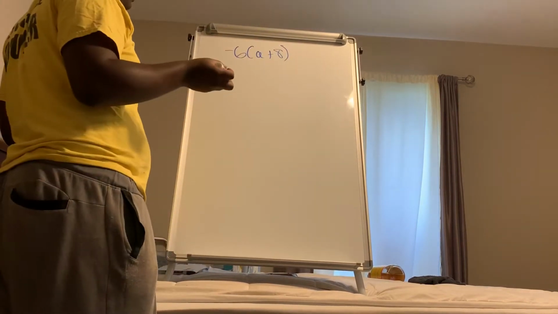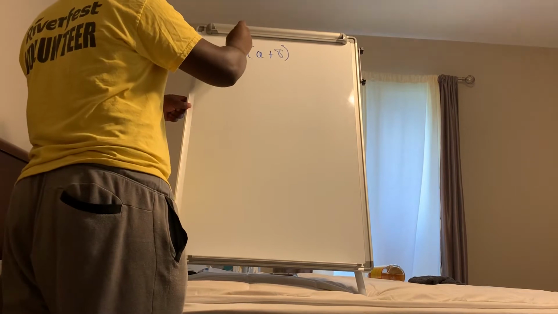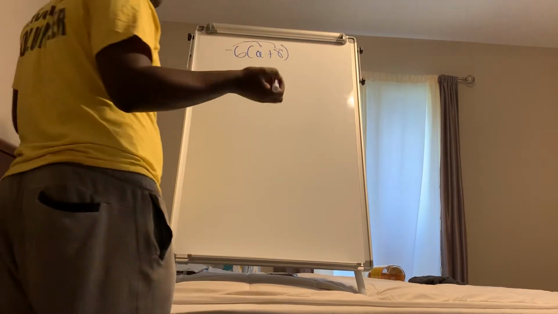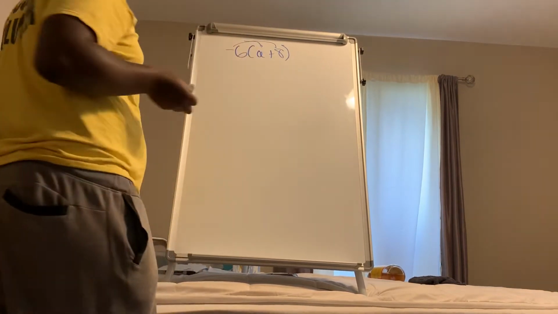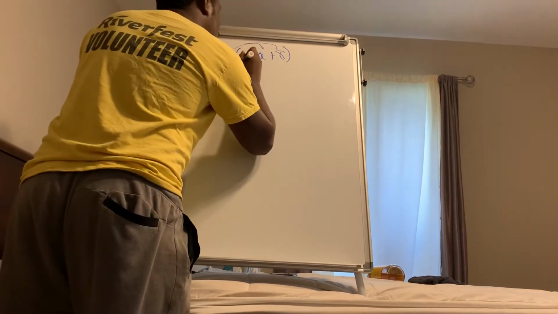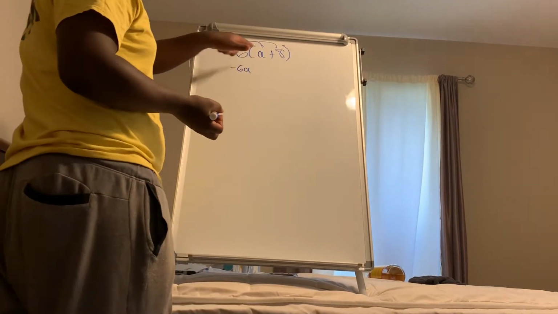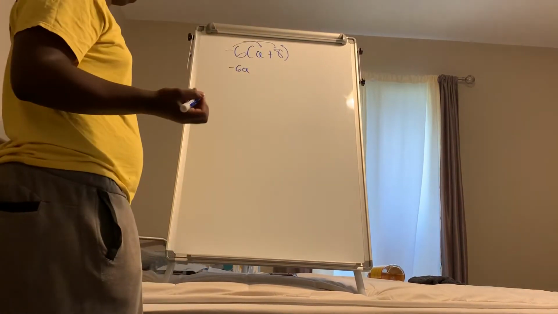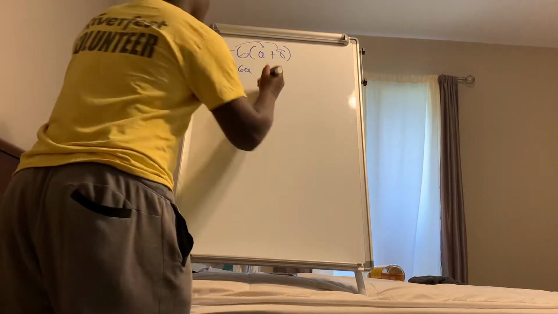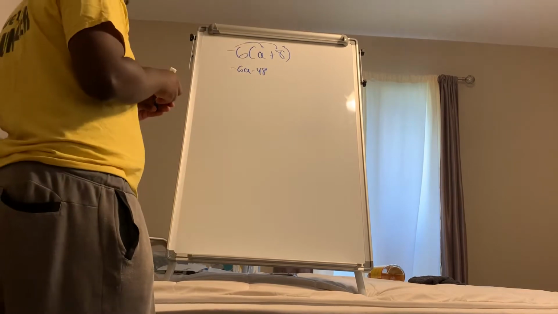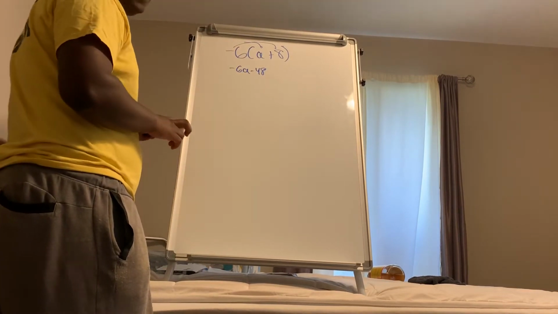So a distributive property, we're going to distribute what's outside the parentheses to everything inside. So for this one, it's pretty straightforward. -6 times a is -6a. -6 times 8 is going to be -48, so we're going to carry the sign and make that -48. So that's the way the answer is going to be written: -6a minus 48.